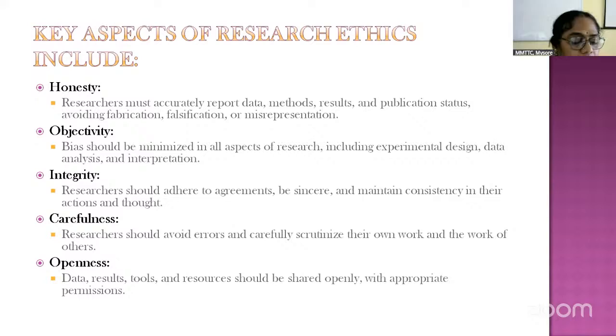And the other principle emphasizes the importance of treating individuals with respect and autonomy, recognizing their right to make informed decisions about their participation in research.